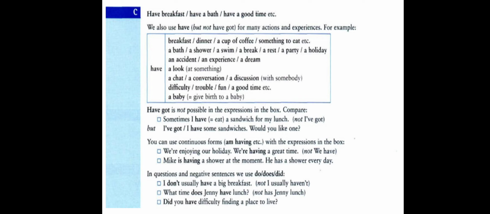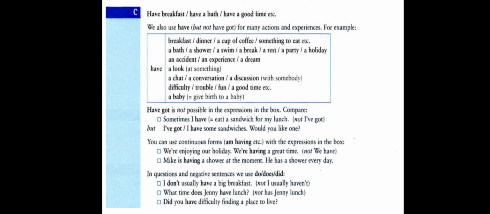To form a question, and a negative: I don't usually have a big breakfast. Have a breakfast here is an action verb. If it is a habit used with the adverb of frequency usually, then it must be in the present simple.